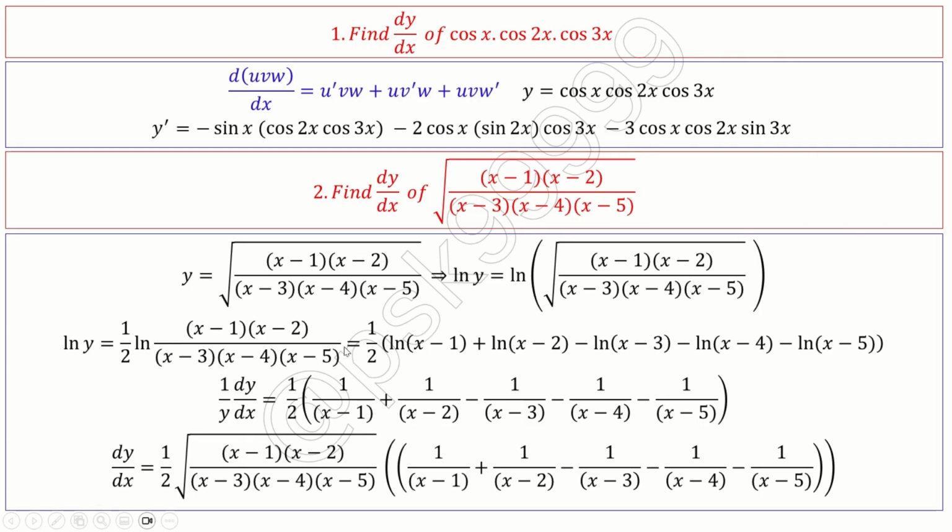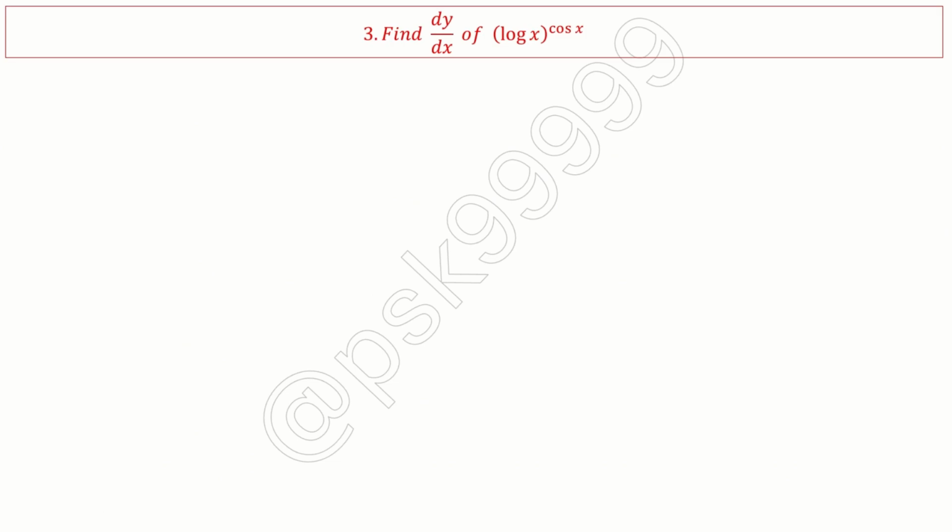The denominator values are all in subtraction, the numerator in addition. So log of x minus 1 plus log of x minus 2, and then these are subtracted. Now you do differentiation individually, and this is the result you will get. y is nothing but this value, so y is here.